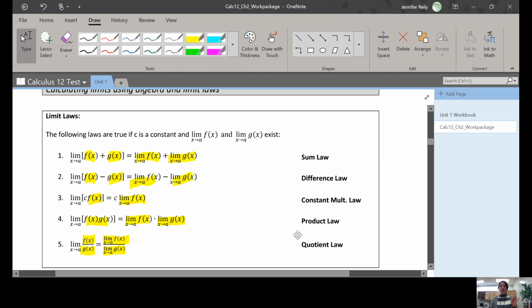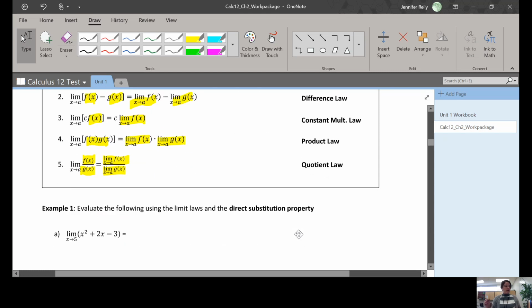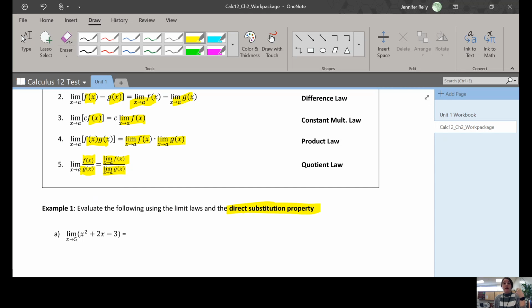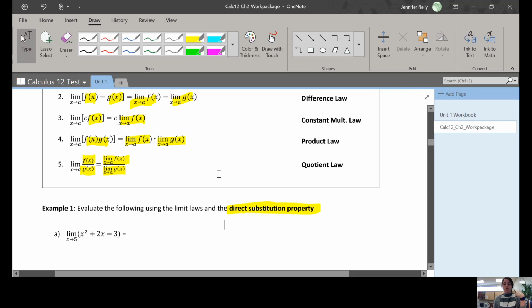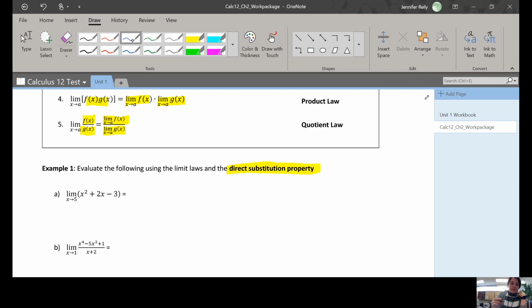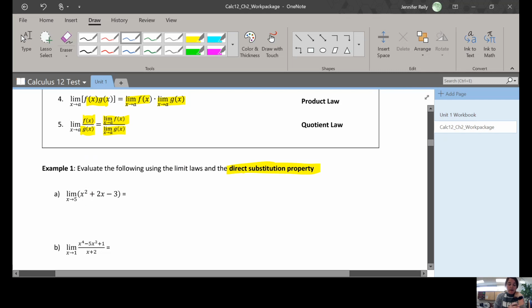The most important limit law, though, is a limit law called the direct substitution property. I'm going to highlight it. What that says is if you can evaluate a limit at the x value and it's defined, then you can go ahead and do that, and that's the answer to the limit. So let me show you what I mean. Here we have a polynomial.